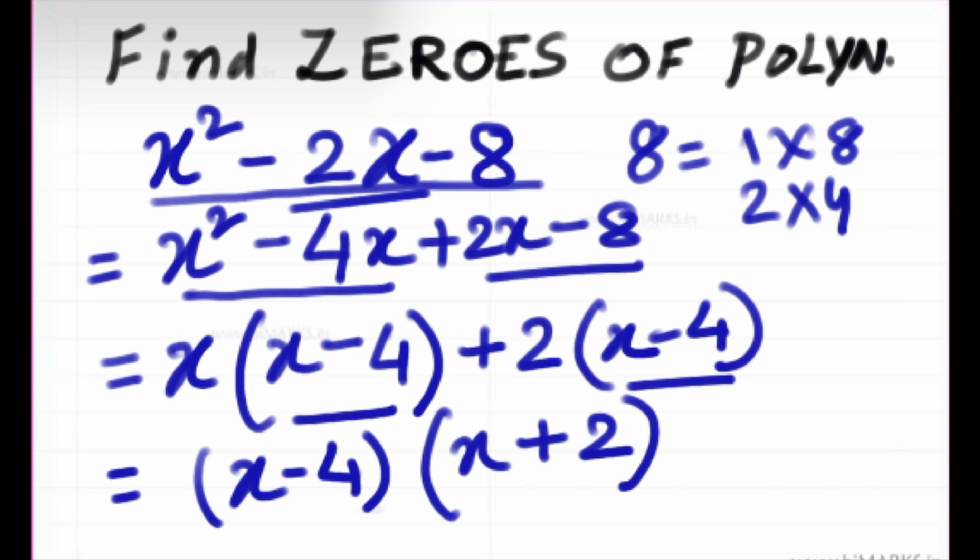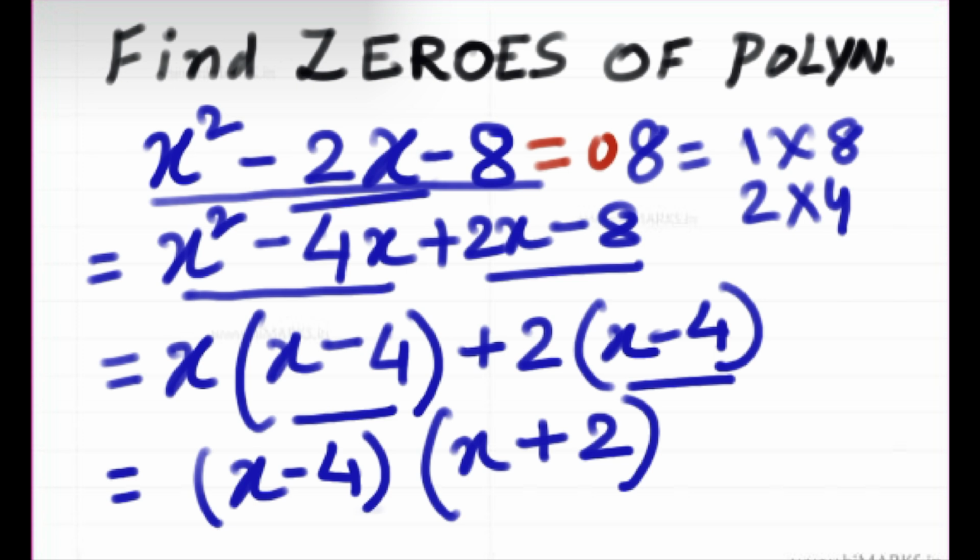So to find the zeros, we have to make this equation equal to 0.